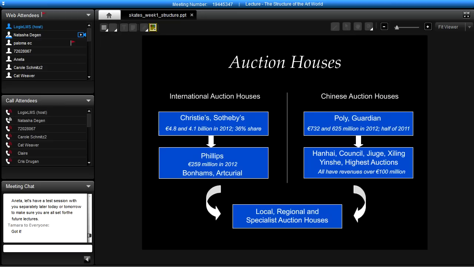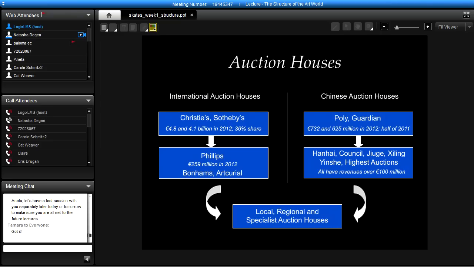However, this is half the revenue that both of those auction houses earned in 2011. So you saw their revenues diminish by half. And this is something that we may return to in future lectures because I think it's a very interesting issue. But still, they have very, very significant and growing influence in the international art market.